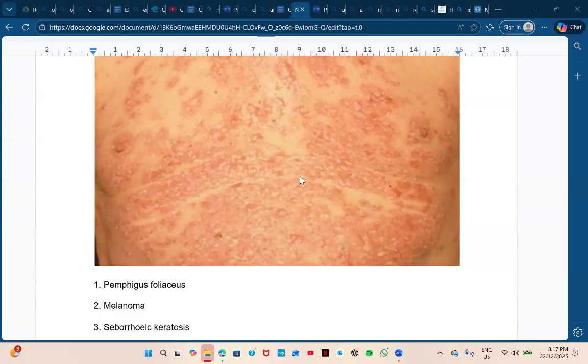Pemphigus foliaceus. So how does it present? Who can tell me?